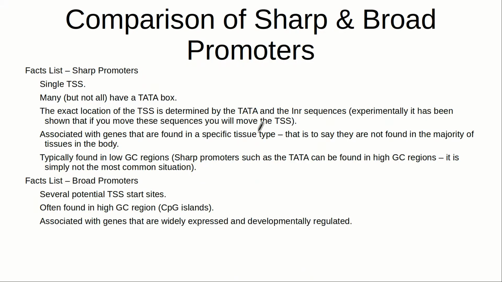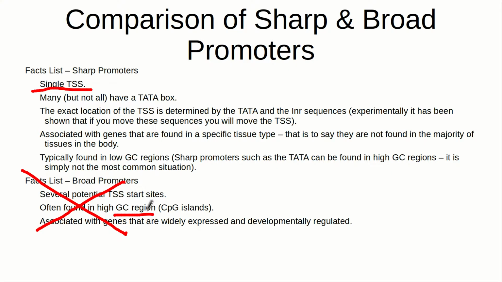All right. Now, facts list. So here we're doing sharp promoters. These are the ones we're looking for. All right. We're not looking for these. It says high GC, and that's not true.